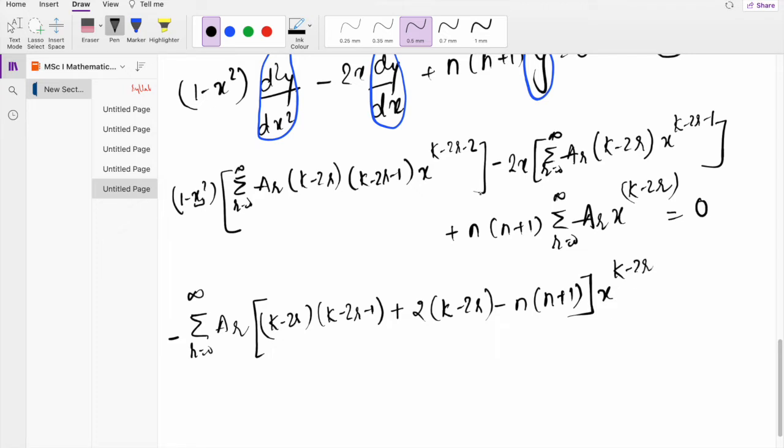Good. So the second highest term will be what? If I multiply this one inside, this will give me x to the power k minus 2r minus 2. So plus, because this is plus, it will give me only this term left when I multiply 1 with this term.